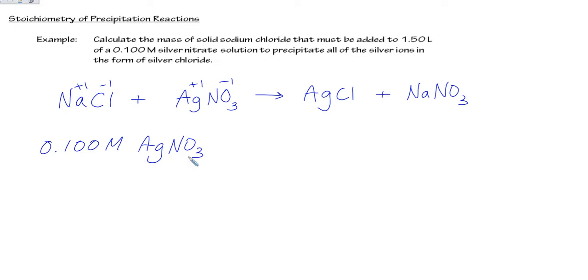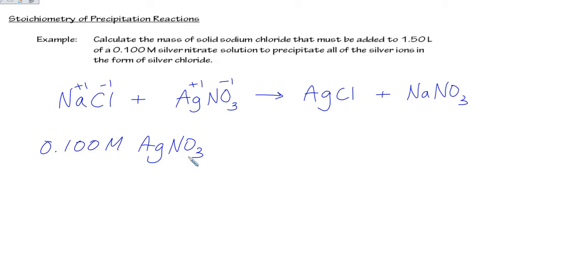Well, this time it's a solution. Who cares? Because the first step was getting moles. If I wanted to compare different substances in a chemical reaction, I was looking at the mole ratio, a 1-to-1 ratio in this case between silver nitrate and sodium chloride.